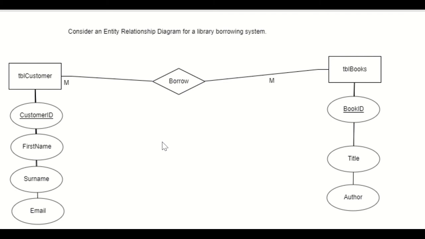We have a many to many relationship, and we need to resolve that. In an ERD, in a database, we cannot have a many to many relationship. We need to make it a one to many.